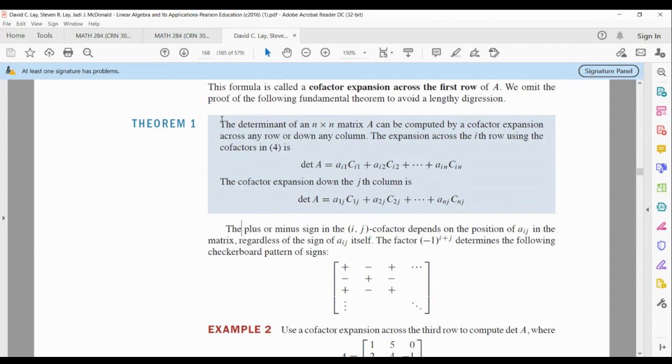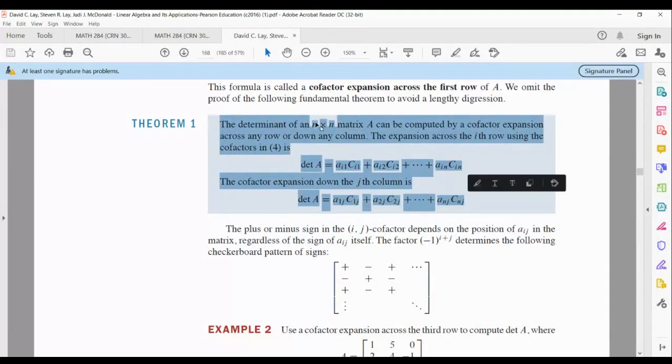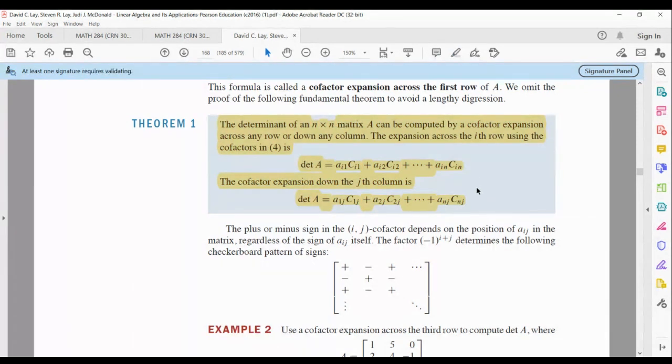This is a general statement of the theorem for computing the determinant of a matrix, but you see the determinant is simply a linear combination of the cofactors, where the weight on each cofactor depends on what row or column you're expanding on.